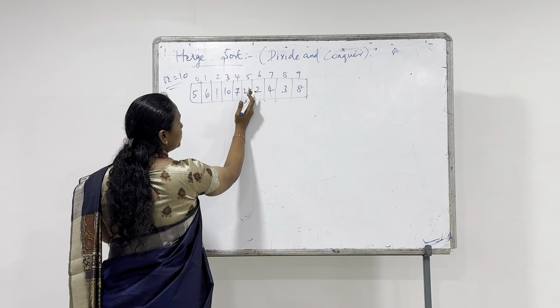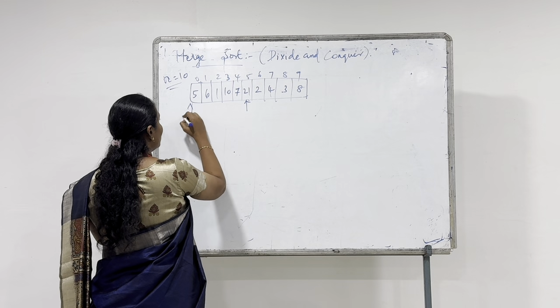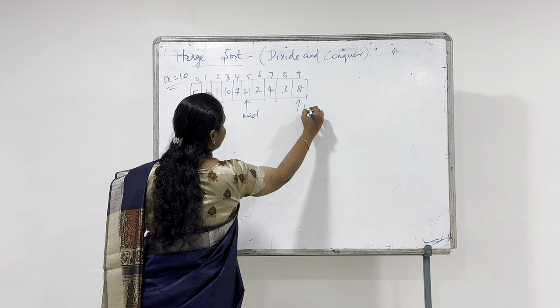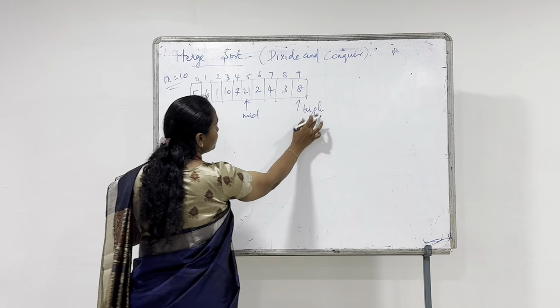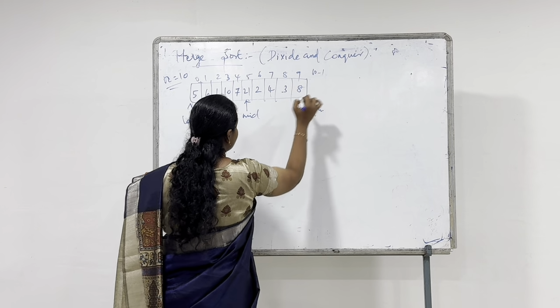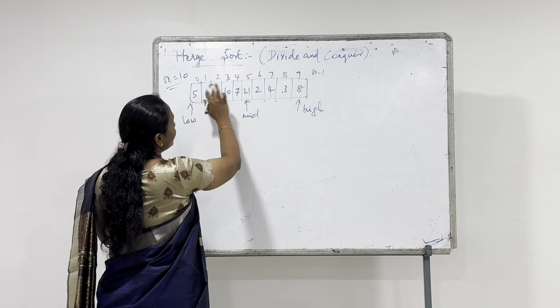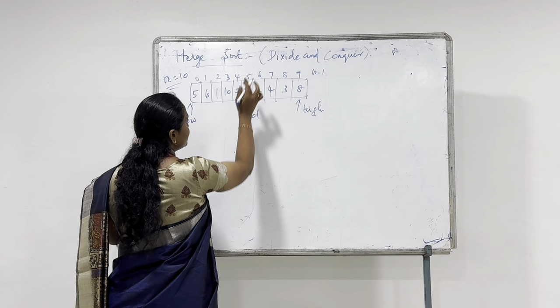Take this as low, this as mid, and this as high. Low points to index 0, high points to n minus 1, and mid is low plus high by 2. So 0 plus 9 by 2, take the floor value, which is 5.